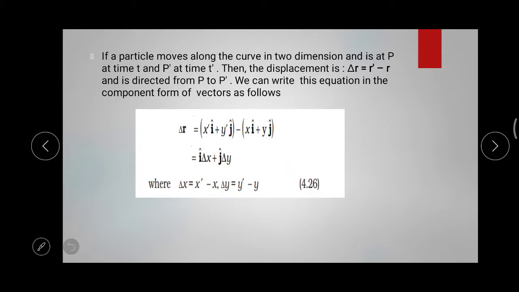So if a particle moves along a curve in 2 dimensions and is at P at time t and P dash at time t dash, then the displacement vector delta r will be equal to r dash minus r.